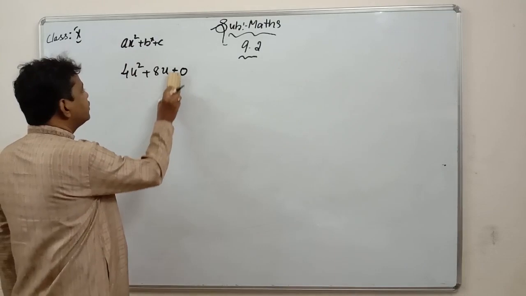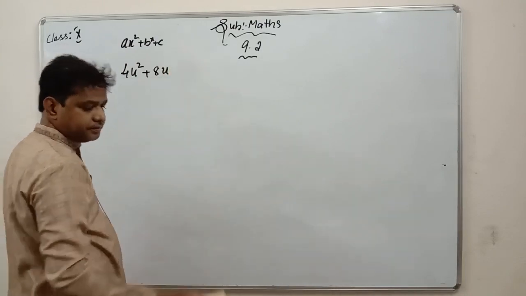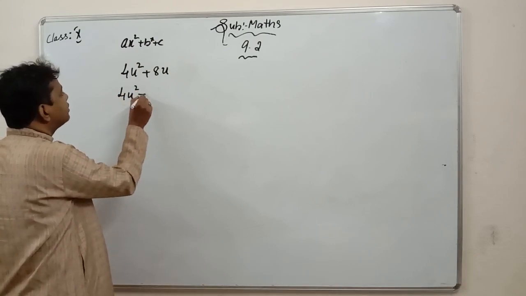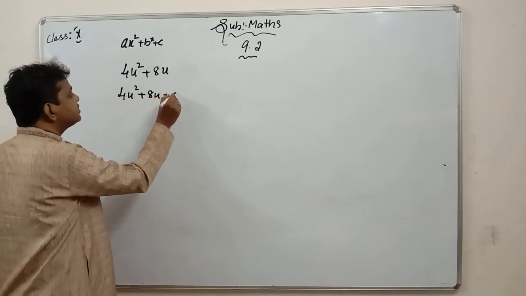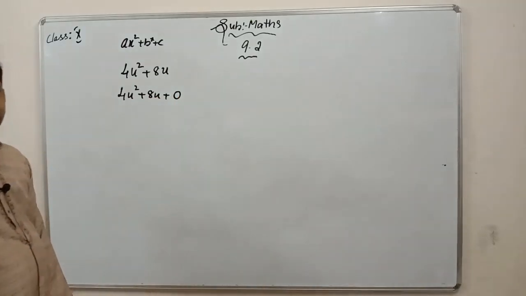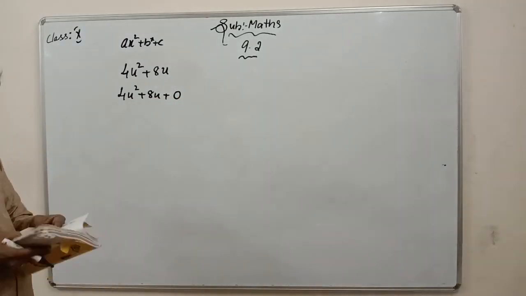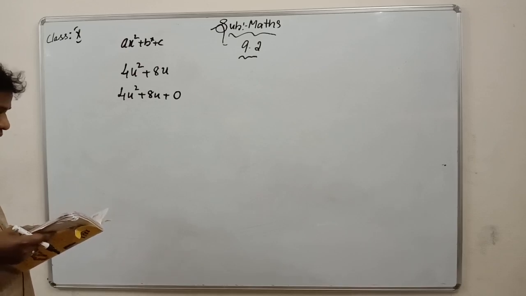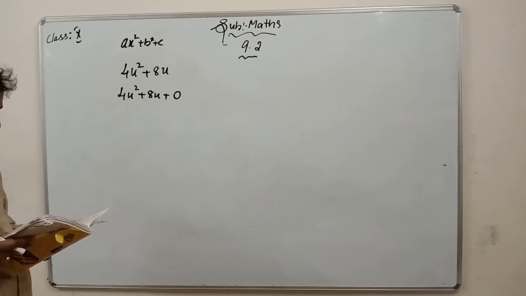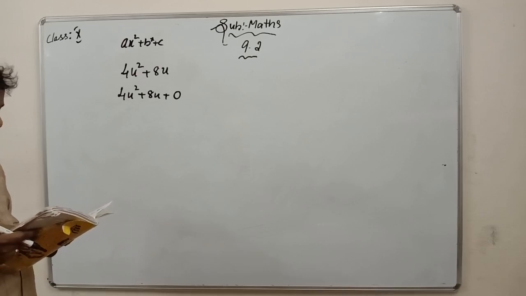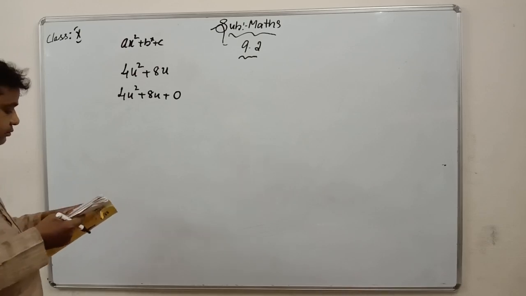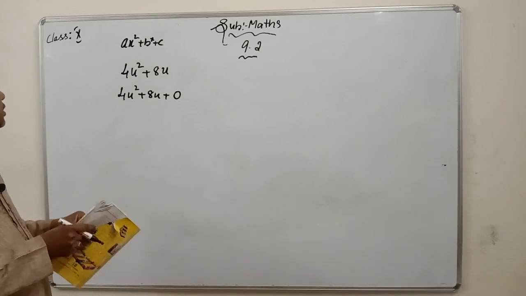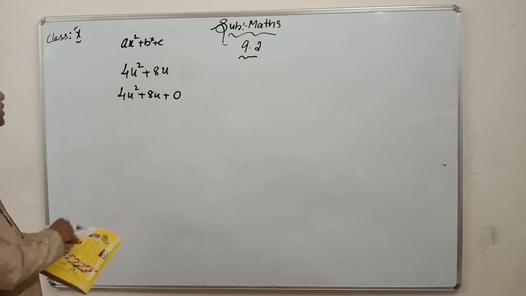If you are getting confused, I'll write in the next step. 4u square plus 8u plus 0 is there. Got it? The same question, the fourth one here: 4u square plus 8u plus 0. So now it is in the general form.